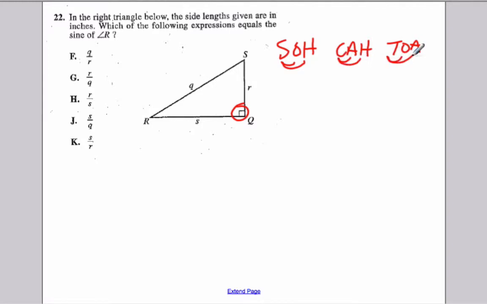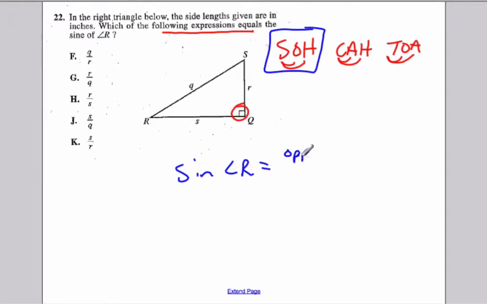Now people will look at this and go, I don't know how to solve that. They haven't given me any letters. They ask specifically which of the following expressions equals the sine of angle R. So all they want to test is: do you understand how to set this up? The sine of angle R is equal to the opposite over the hypotenuse.